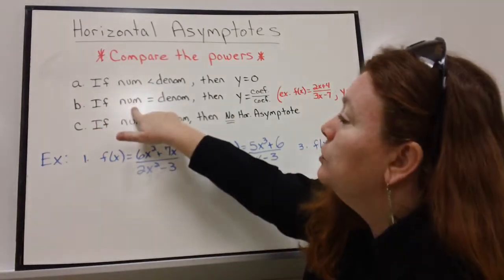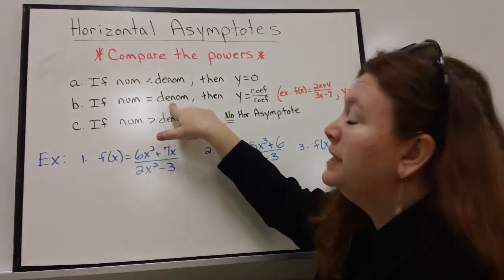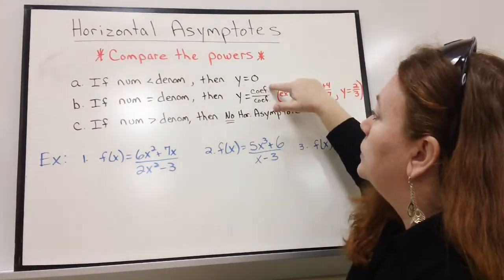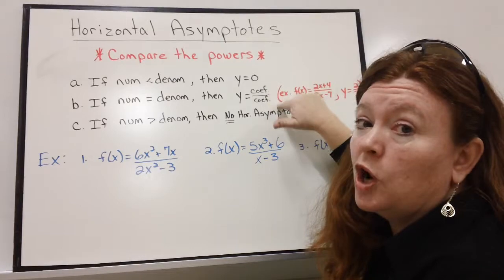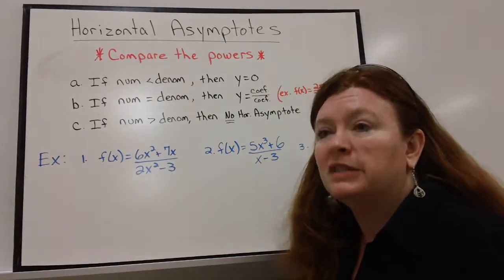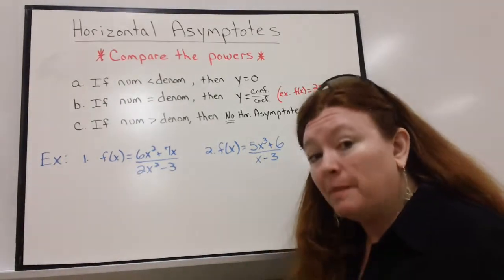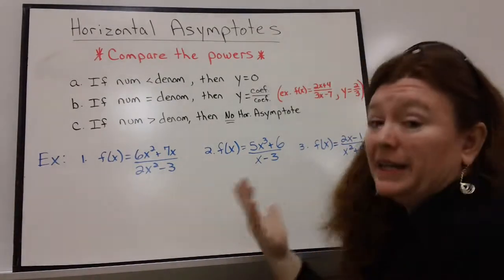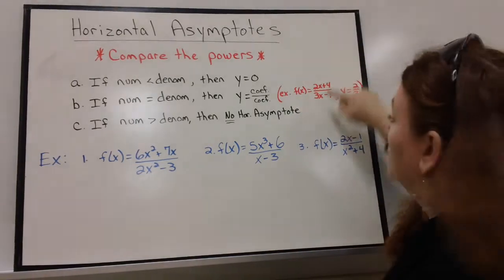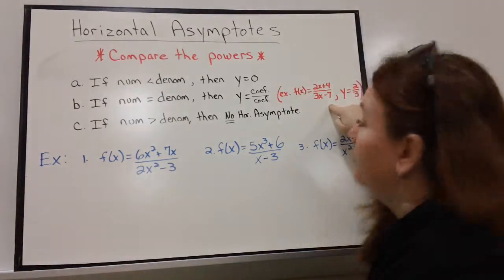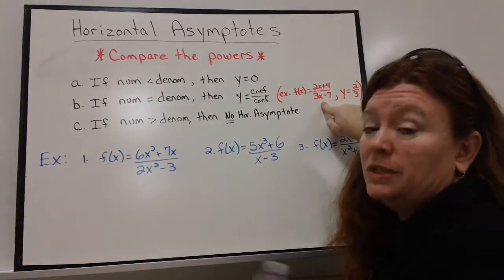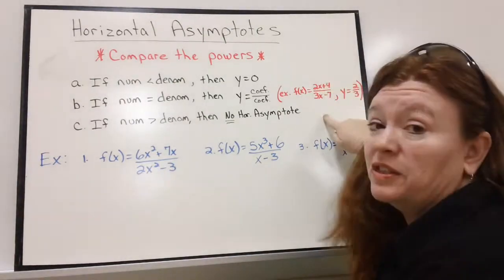But if the numerator's degree is equal to the denominator's degree, then what we're going to do is make a fraction out of the 2 coefficients. The leading coefficients are the coefficients of those highest power terms. So, for example, if I had f of x is equal to 2x plus 4 over 3x minus 7, the power or degree is 1 for the denominator, so they are the same.